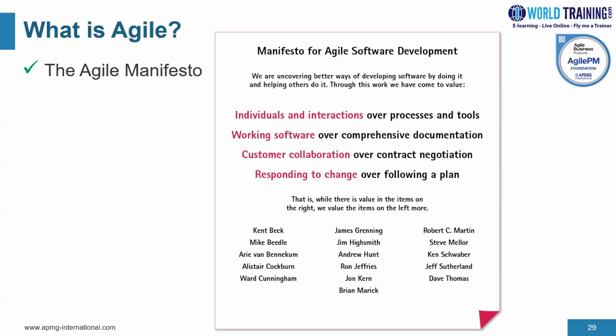So customer collaboration is given greater value over contract negotiation. Responding to change is an important value that Agile upholds over following a particular plan. So these are the four important value statements of the manifesto.